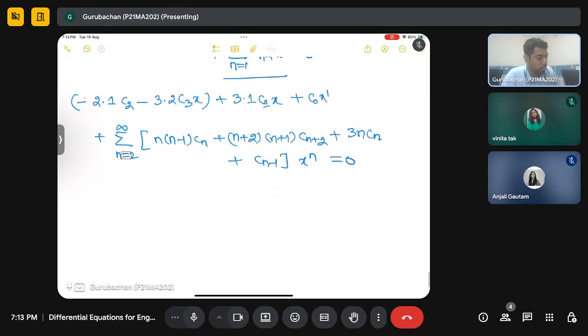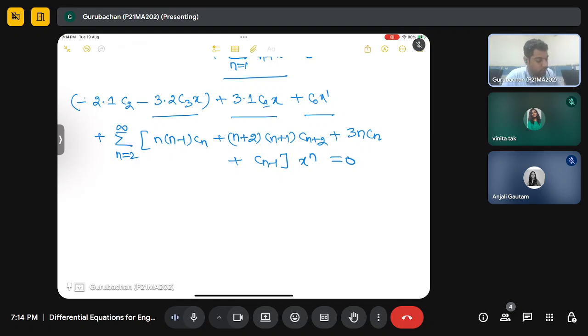From here, you will get a relation between C2, C0 or C1. So how will it be? If you manage the expression, this is the constant expression, this is the x expression. So your C2 is going to be 0 from here, since it is nothing but a constant only.